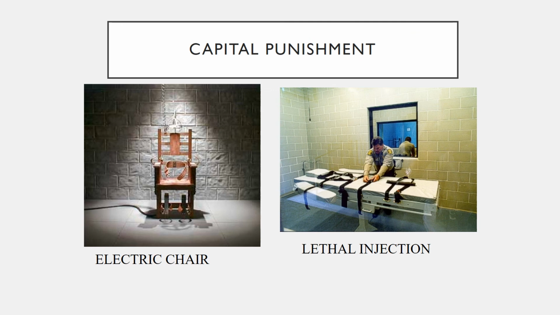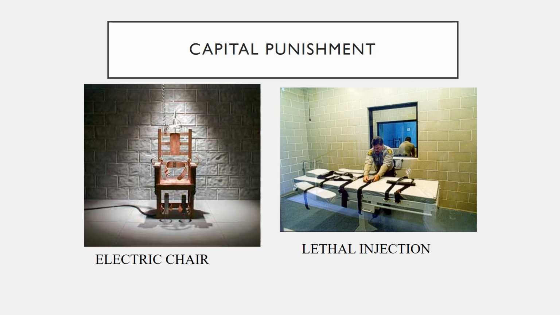Now, like we said, the cruel and unusual punishment part of the Eighth Amendment. What is that? What does that mean? Basically, what it has meant over U.S. history is that we don't use torture methods. We don't use anything that is too unorthodox in order to punish people for their crimes. Now, some people would argue, well, wait a minute, capital punishment, otherwise known as the death penalty, that is cruel and unusual.